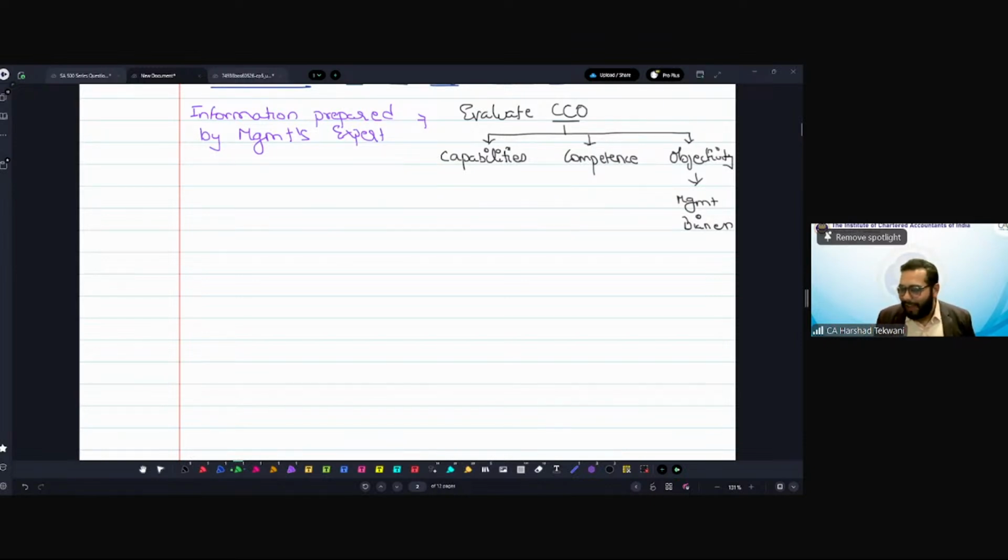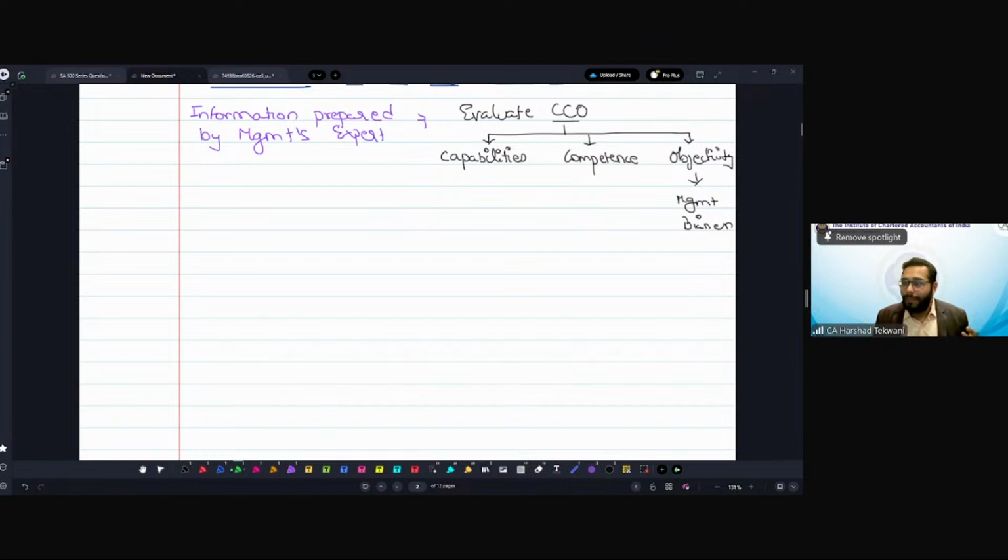So, SA 540, where we understood accounting estimates, and one such part was management bias. Over there, we understood how to test for management bias, how to ensure how much management bias is present in the estimates prepared even by the management expert.